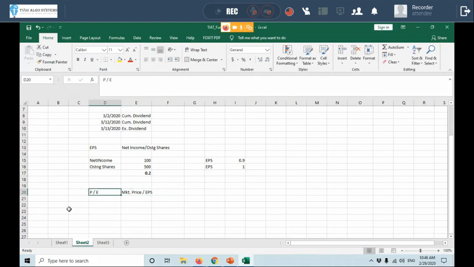Now, market price of say Bajaj is 100, just giving an example. And EPS before stock split was 1 rupee. So what is my PE ratio? 100 divided by 1, which is 100. So this is my PE of Bajaj Auto.